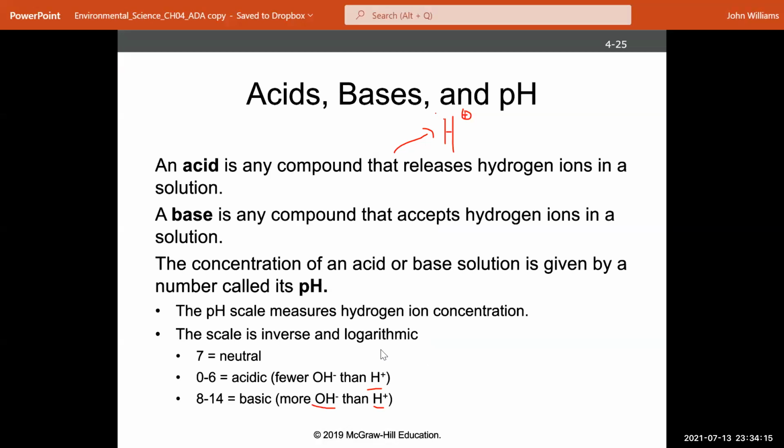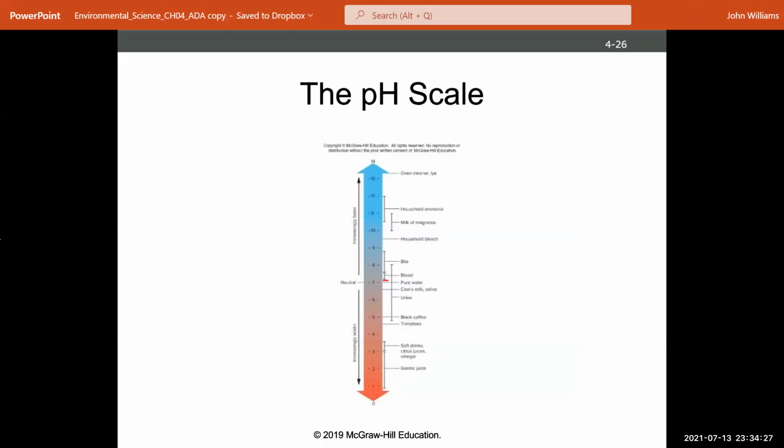Now, one thing I forgot to mention on this slide is that the pH scale is inverse and logarithmic, okay? Basically what this means is that as you go down in the pH scale, the concentration of hydrogen ions goes up, right?